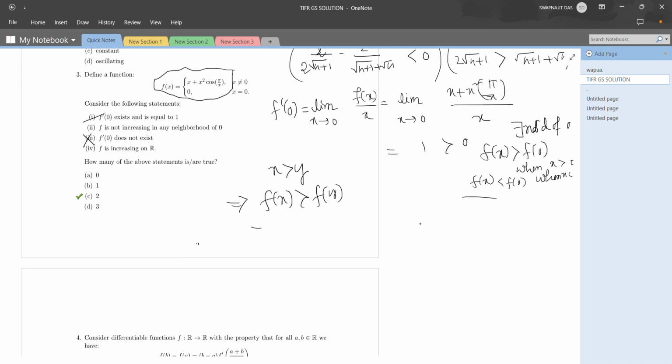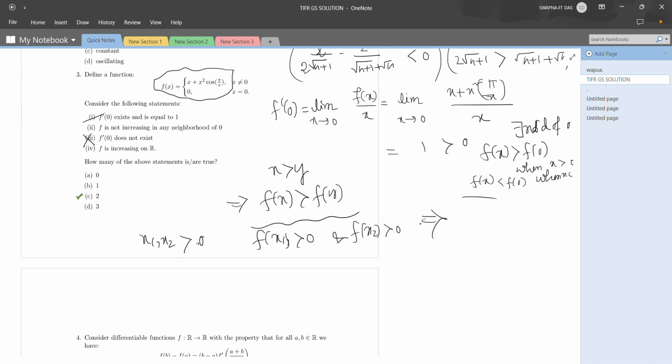Okay, because this is true if f is increasing. If f is increasing, then this is true, but this just says a comparison with f(0), nothing else. Okay, that means in particular, if you take x1, x2 in that neighborhood and both are greater than 0, from this you can just conclude that f of x1 greater than 0 and f of x2 greater than 0.